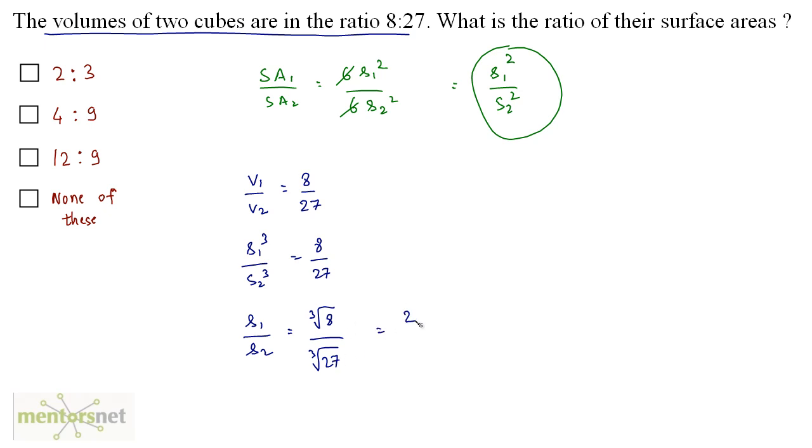So cube root of 8 is 2, cube root of 27 is 3. So put this here and get the ratio. So this is equal to 2 square by 3 square, and 2 square is 4, 3 square is 9. So 4:9 is the ratio of the surface areas. Option B.